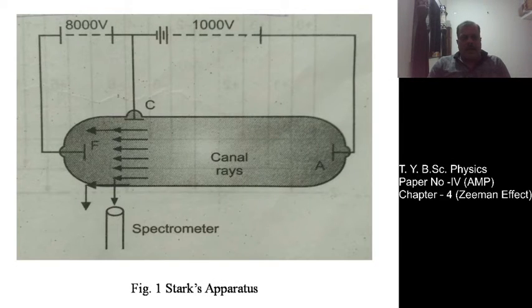This is the diagram of the Stark apparatus. The apparatus shows F and C. These are the electrodes. A is the anode, which can emit the electrons with the help of voltage, and a spectrometer to see the spectra.